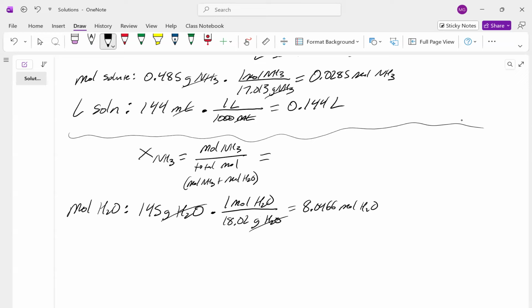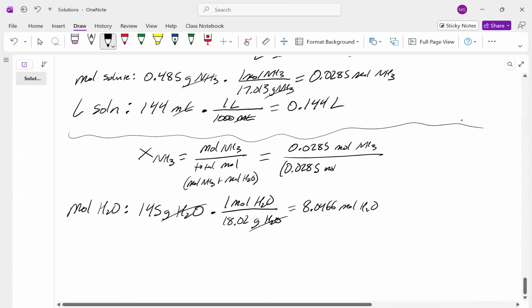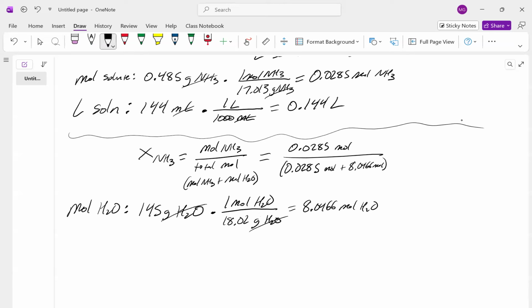So now I can toss all of this in here. I already know, as I said, moles of ammonia. I got that from the previous part. And then the total moles on the bottom. All right, so throw that in the calculator. That comes out to 3.53 times 10 to the negative third. And remember, mole fraction is unitless.